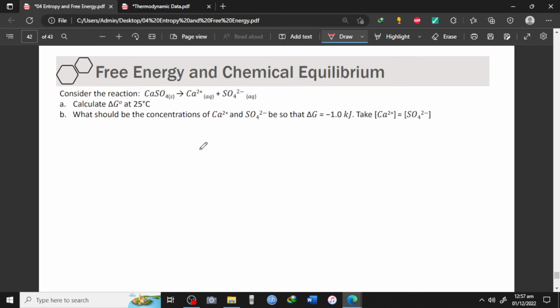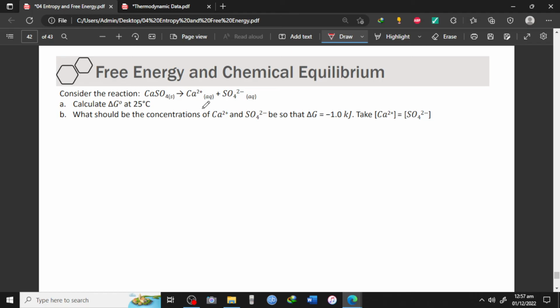Moving forward, so, sagutan natin to. Okay, so dalawa yung pinapahanap dito sa atin, no? So consider the reaction, calcium sulfate will turn into calcium and sulfate. Okay, so calculate the standard free energy at 25 degrees Celsius.